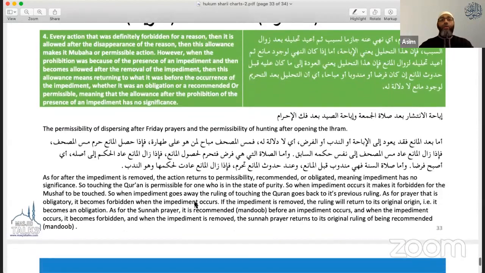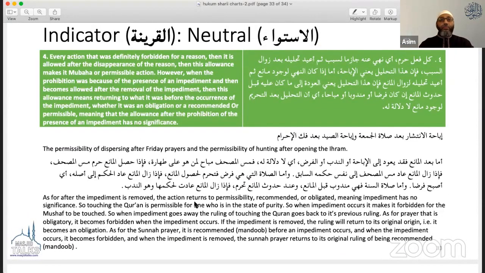Okay, and the last one actually looks complicated, but it's not as complicated as it looks. What it says is this: every action that was definitely forbidden for a reason is allowed after the disappearance of the reason. Talking about an action made haram because of mani'.